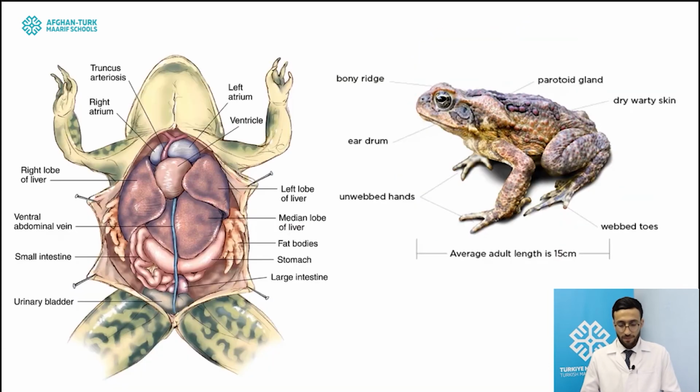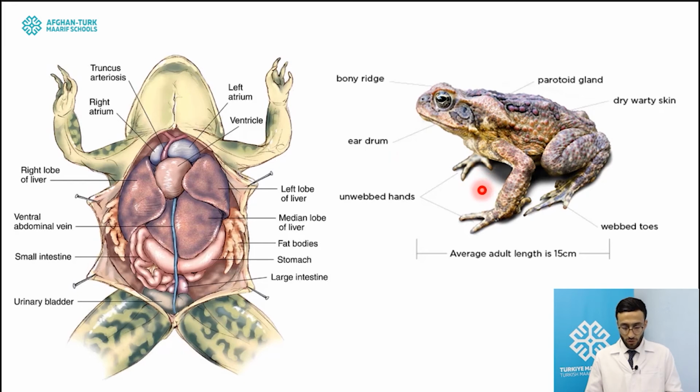Let's talk about the internal and external morphological features that we can observe on the outside and inside of these animals. From the outside, the average adult length could be 15 centimeters. The head is protected with a bony ridge. They possess an eardrum in order to catch sound vibrations.